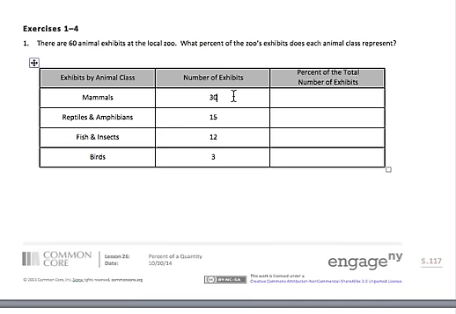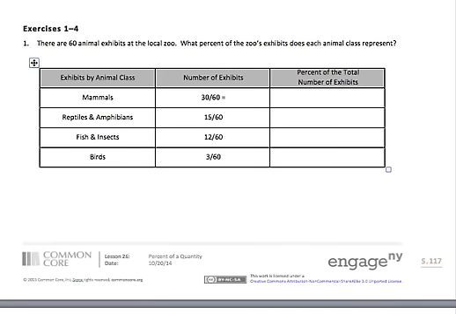Knowing that, if we were to say 30 60ths for the mammals, 15 60ths for the reptiles and amphibians, 12 60ths for the fish and insects, and 3 60ths for the birds, we could then take those fractions and simplify them and use that simplified fraction to find our percentages.